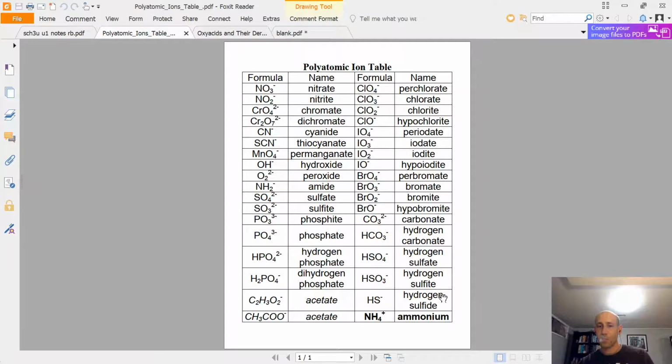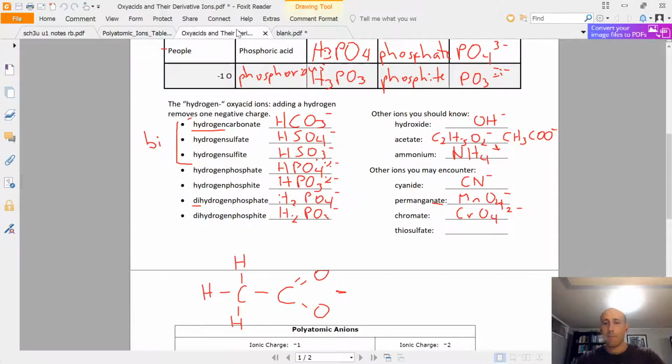Did that show up here anywhere? There you go. It's not even on this table. They've got sulfate and sulfite, but not thiosulfate. I think thiosulfate means like an extra sulfur. I'm pretty sure it's S2O3, 2 minus. Could be wrong, so make sure you check that up.